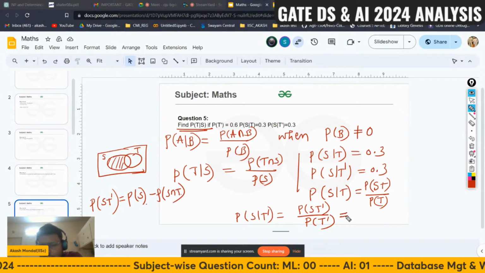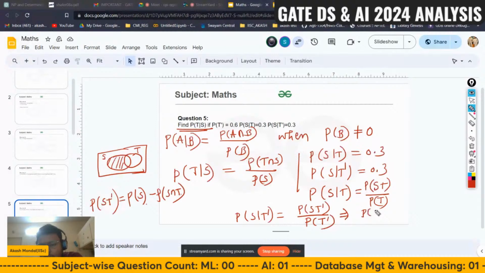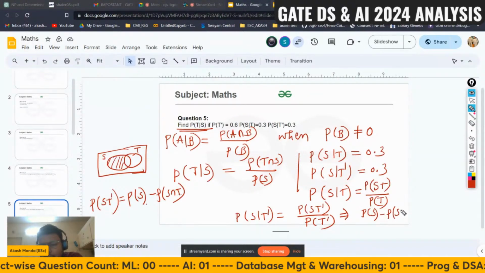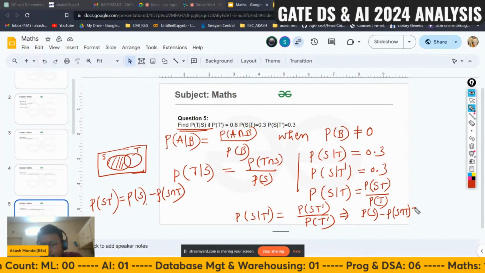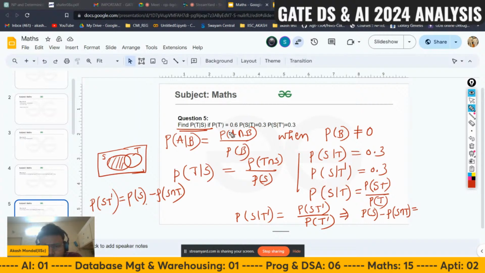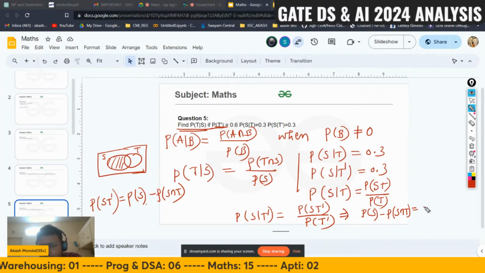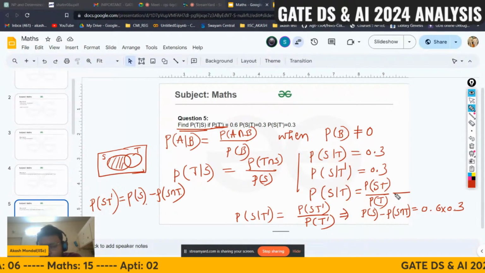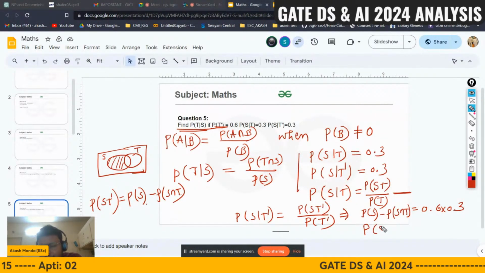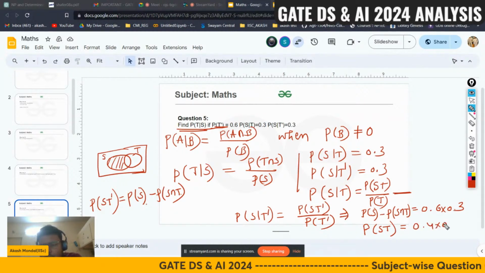So from this, probability of S minus probability of S intersection T equals, so this value is given to you, probability of T prime is 0.6, so that is 0.6 times 0.3. If you use this equation, you will get probability of S intersection T equals 0.4 times 0.3.